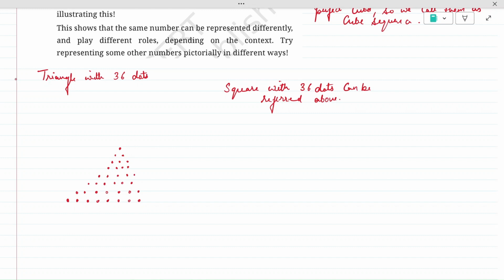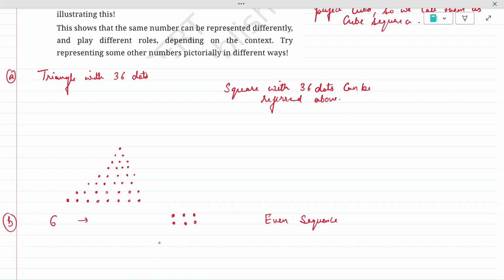I'm making this the A part of this question, and B part is another number. Let me take 6. Let us try to make 6 with an even sequence: 1, 2, 3, 4, 5, 6, right? So this can be represented as an even sequence.